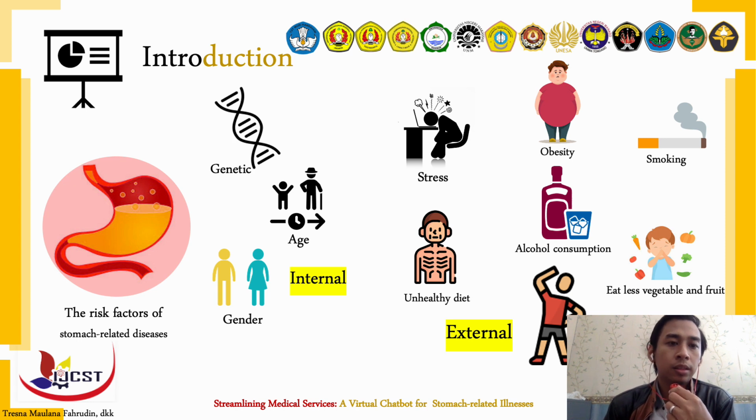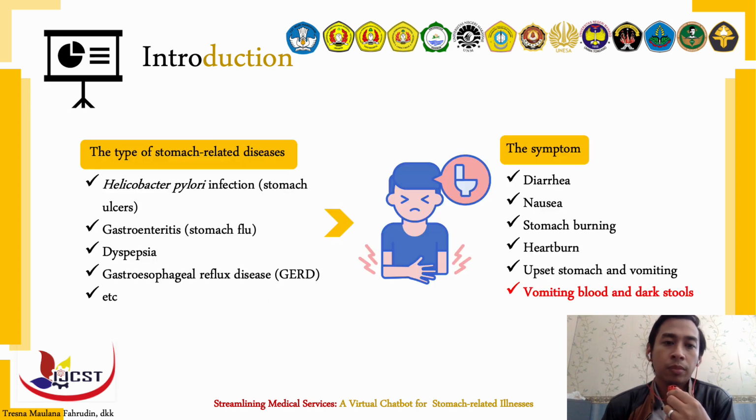And then the risk factors of stomach-related disease come from internal and external factors. Internal are gender, age, and genetics. But external are stress, obesity, smoking, unhealthy diet, alcohol consumption, and eating less vegetables and fruits.